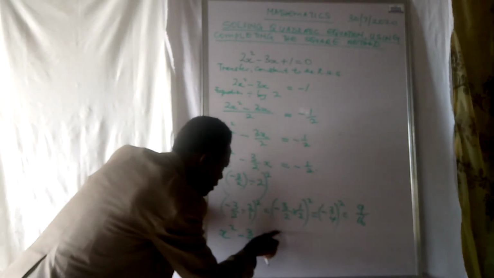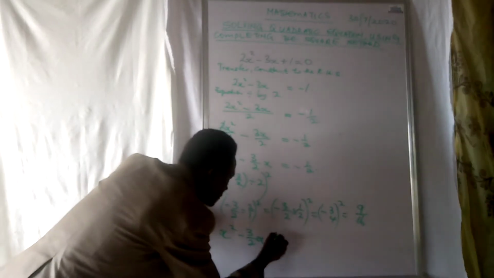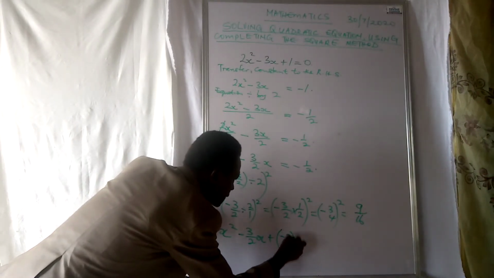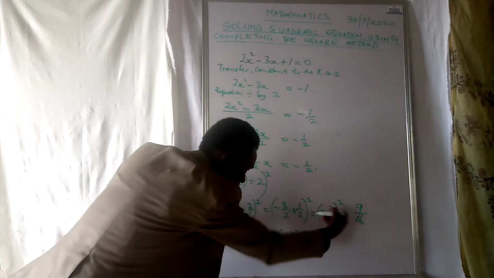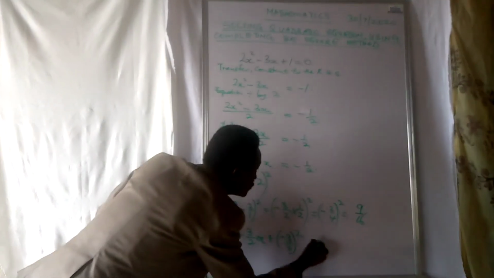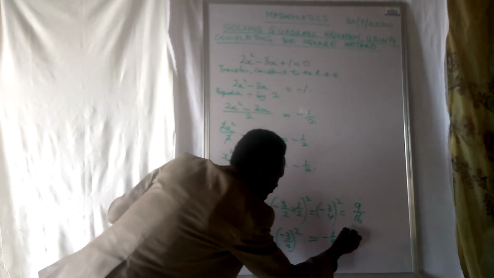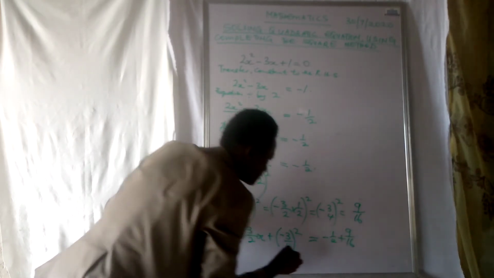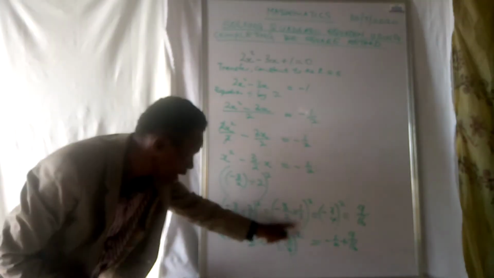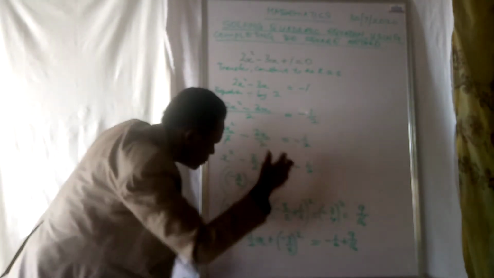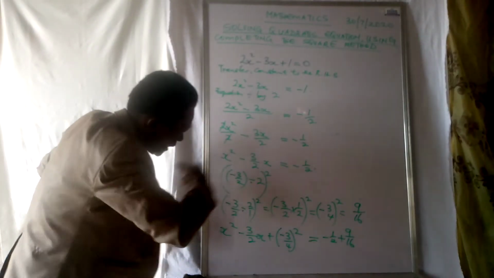So this now becomes minus 3 over 4 squared, equal to minus half plus 9 over 16. So this is what we have now. We know that this one squared is this one. So we have added it to both sides, that's left hand side and right hand side.